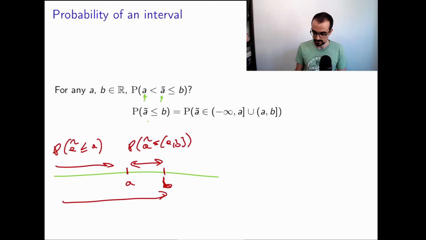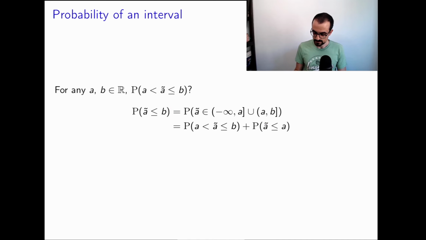Okay, so this probability is actually the probability that A is in this union of intervals. The intervals are disjoint, so this is just the sum of the probability that A is between a and b, and that squiggly A is more or equal to a.